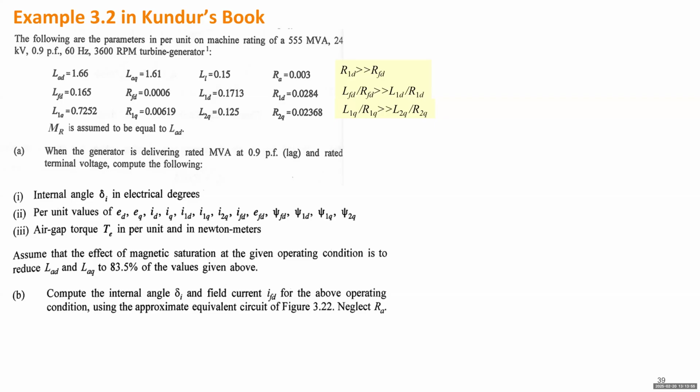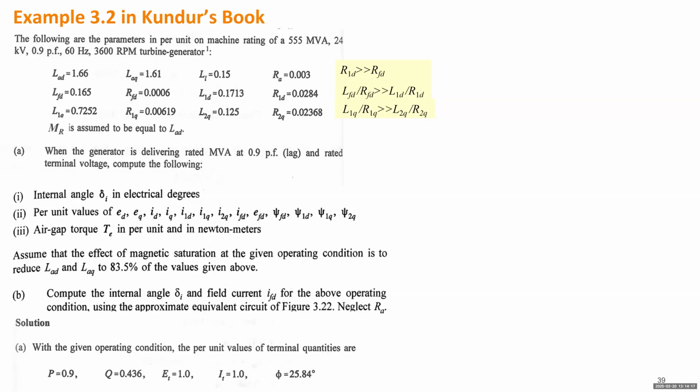So they will create very different dynamics. For instance, R1Q will help damp oscillation at a certain frequency, okay? And the second damper winding will help damp the frequency in a different range. So those assumptions we can keep in mind. It will be useful for this lecture.